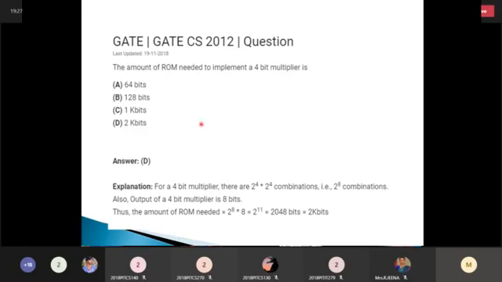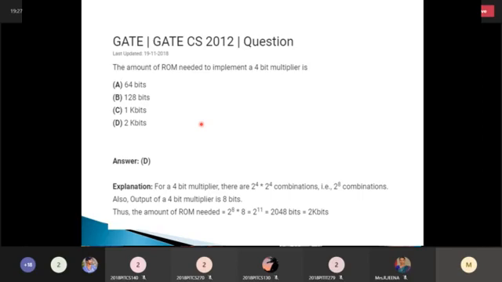Normally for a 4-bit multiplier, there will be 2 power 4 into 2 power 4 combinations. So totally 2 power 8 combinations. And also the output of that 4-bit multiplier will be what? 8 bits.